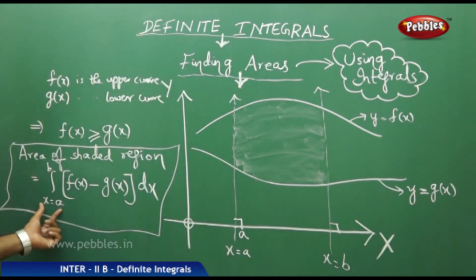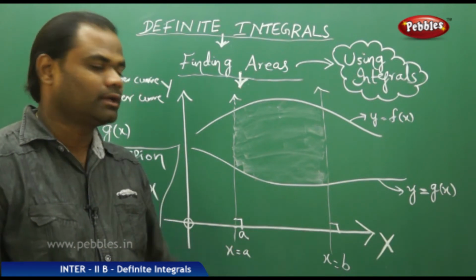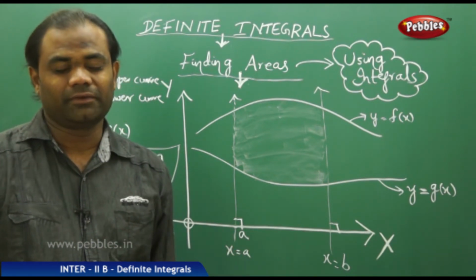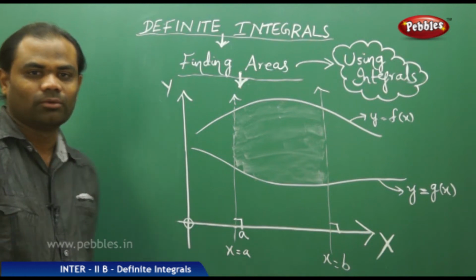The integral from the lower limit to the upper limit of the upper curve minus the lower curve dx is how we define the area of the shaded region. Now let's see the general formula.